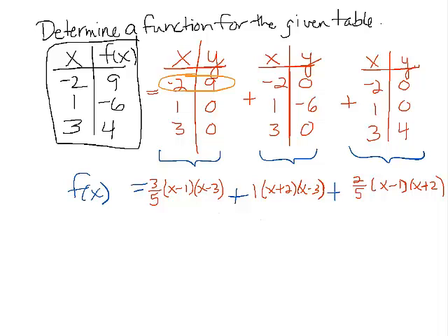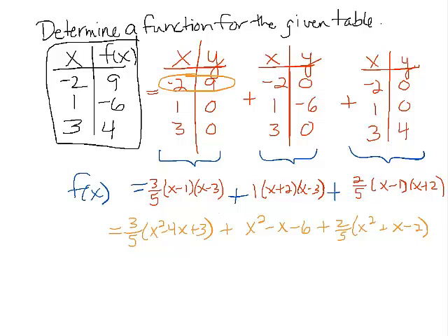In fact, I don't know if there's a great reason to do it, but I just want to show you that in the end, we'll get the quadratic that I was talking about. So here we would get 3/5 times x squared minus 4x plus 3. Here we would just get the x squared minus x minus 6. And here we'd get 2/5 times x squared plus x minus 2.